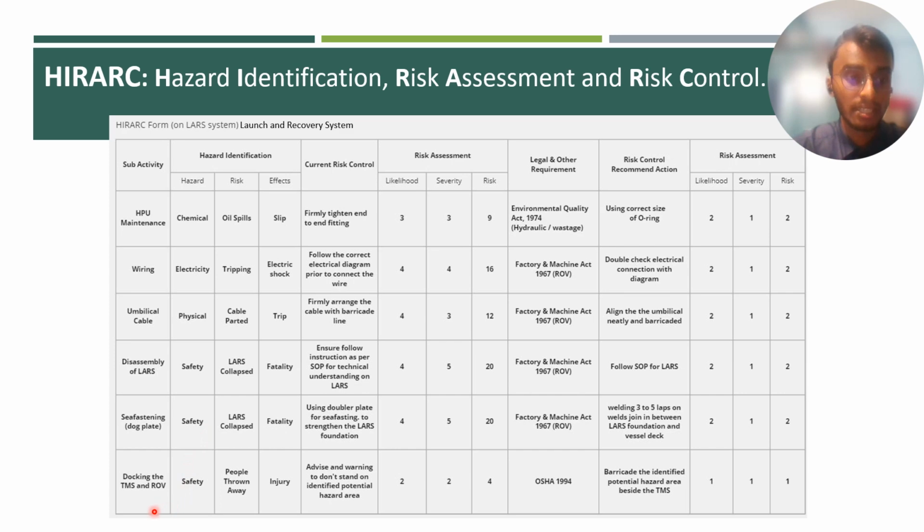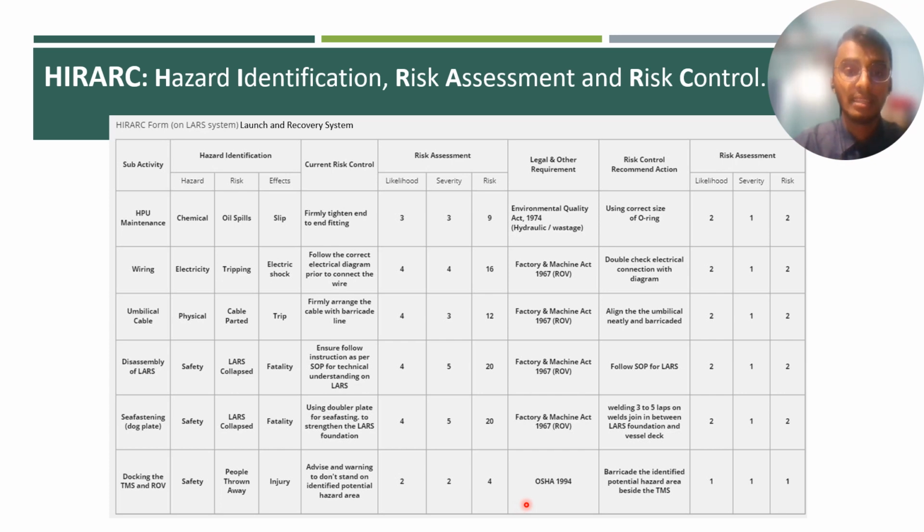Next sub-activity is docking the TMS and ROV, and the hazard identified is safety, and the risk is people thrown away, and effect is injury. So the current risk control is advice and warning not to stand in the identified potential hazard area, and the risk assessment likelihood is 2, severity is 2, and the risk calculated is 4.